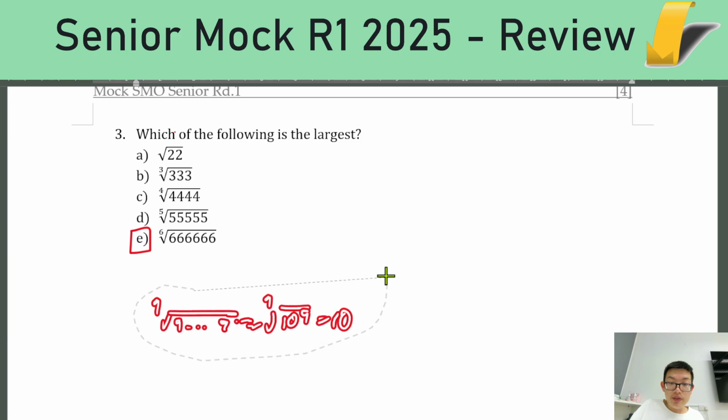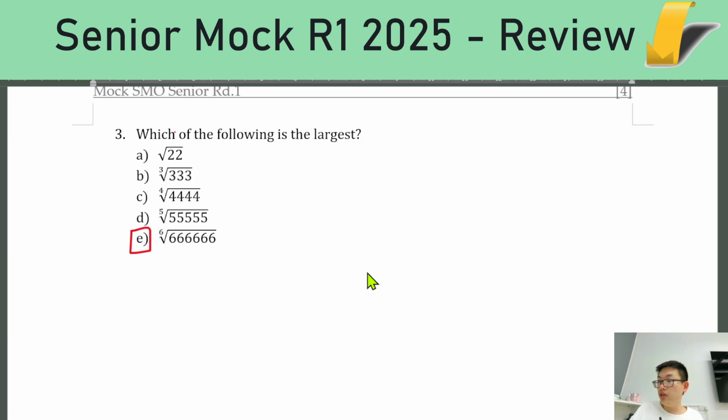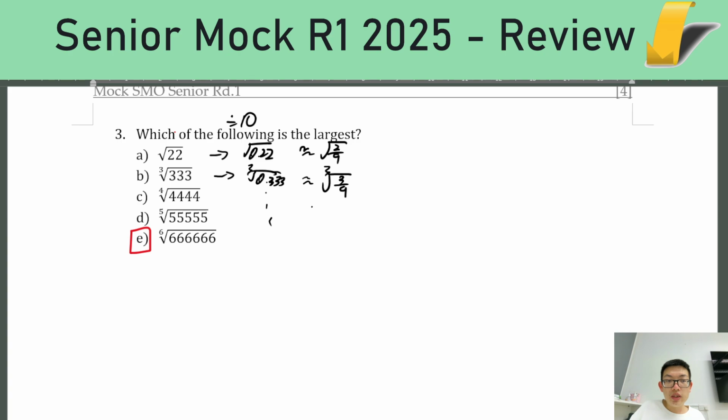Let me show you the nice method, however, which is also more rigorous, which is that since the number of digits is actually like, square root of 2 2s, 3 3s, cube root, 4 4s, 4th root, and so on, I can actually divide all of them by 10 and so on, which is very close to each of these.